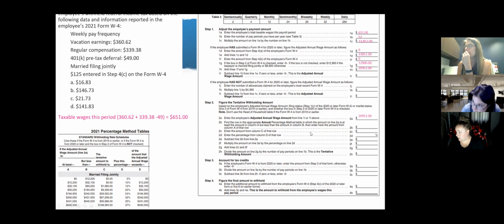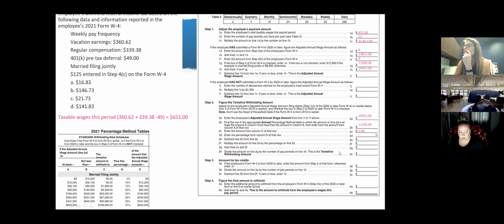We're then going to find the row in the table that matches. We're going to put the amount from column A of that row. Fairly certain there's an extra. Oh, no, it's fine. Sorry, I can't read.